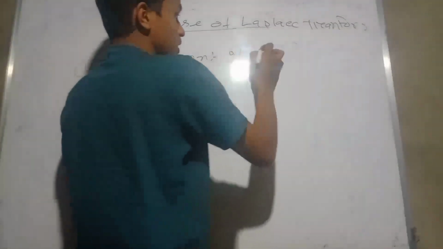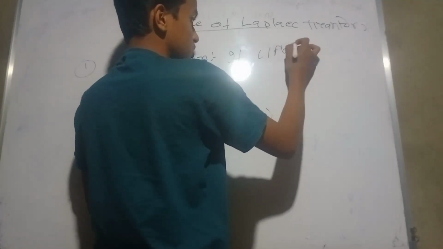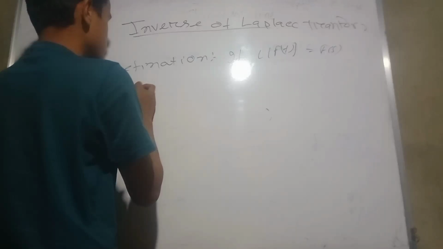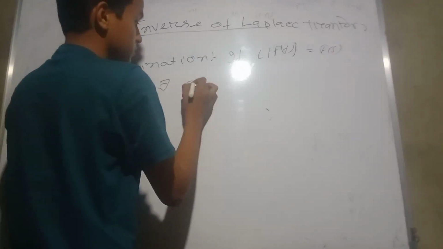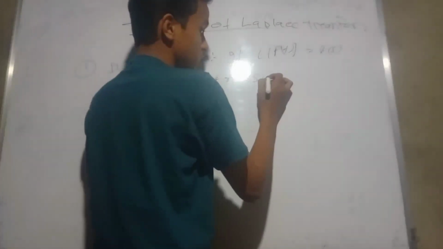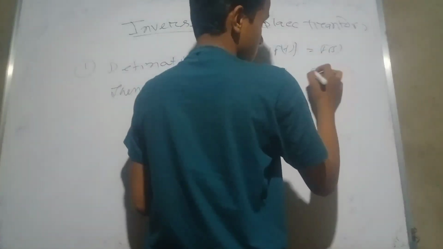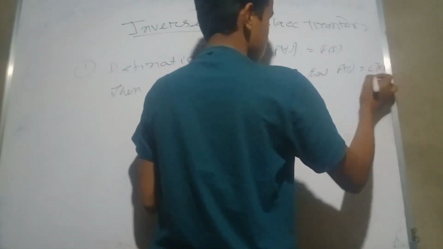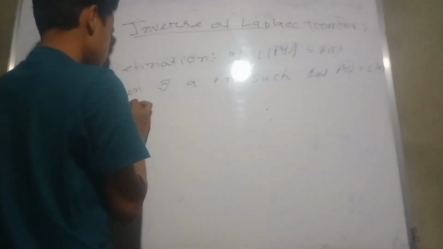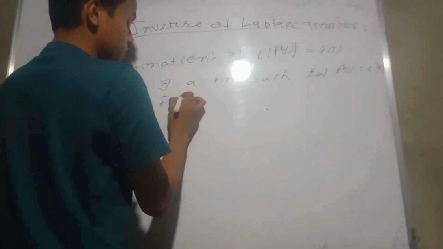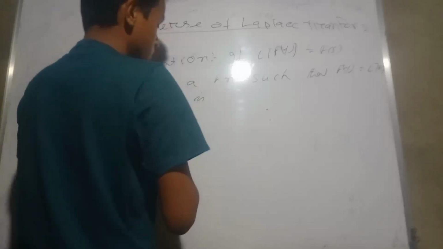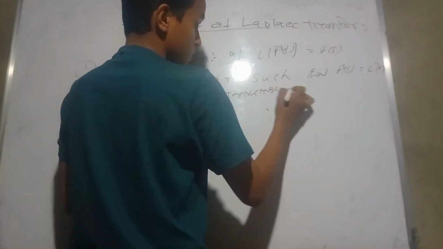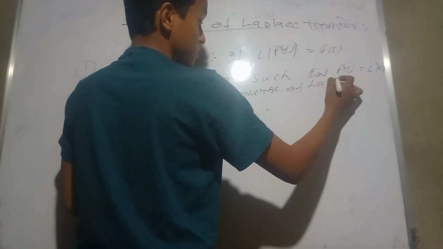If the Laplace transform of f(t) equals F(s), then there exists a function such that f(t) equals L inverse of F(s). Then f(t) is said to be the inverse of Laplace transform.